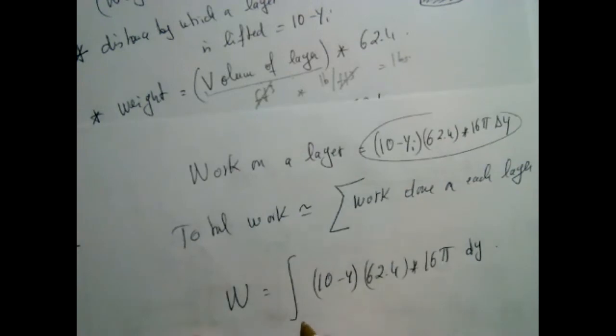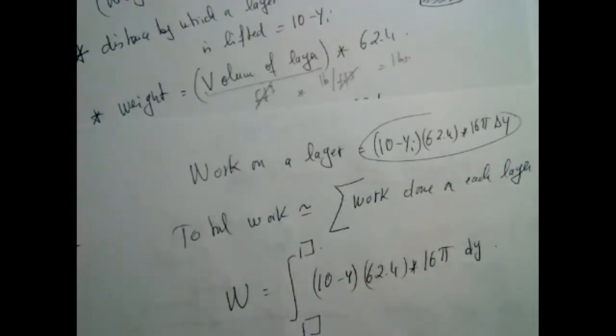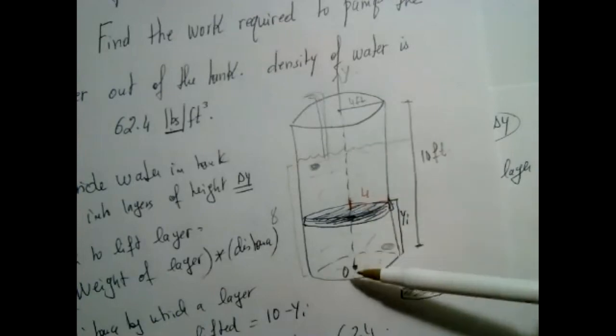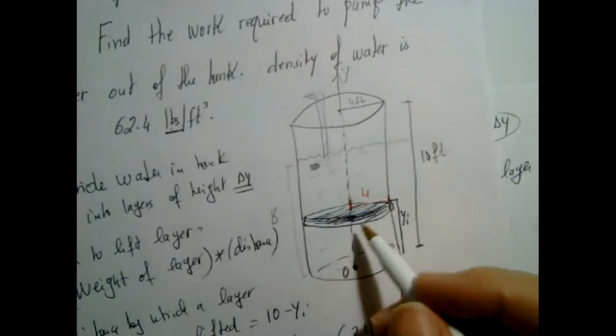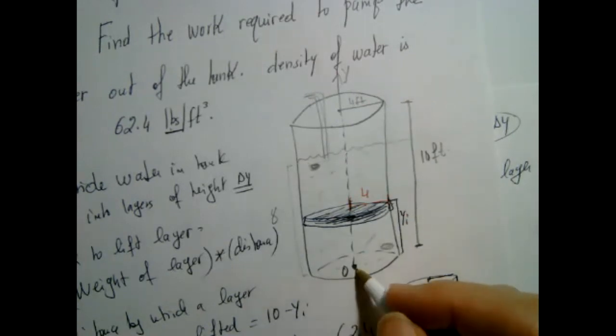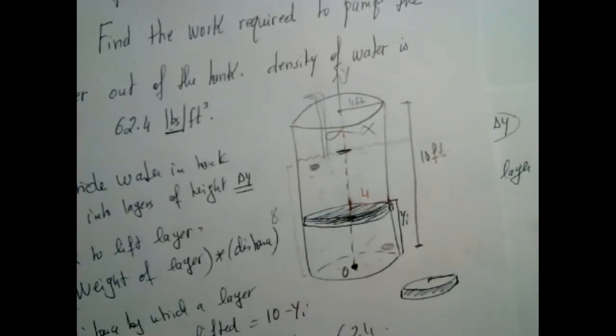And then always, always, always, we have to see our limits. So we go back to the picture. To find the limits, we ask what we should divide into pieces, to be able to cover all the water inside the tank. To cover all the water, my y should go from 0 up to here, because there is no water here, so there are no layers in here.